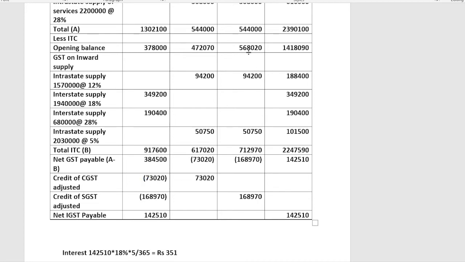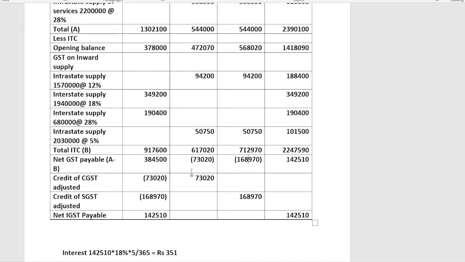And in the case of SGST, the liability was 5,44,000, and including opening balance, the total input tax credit is 7,12,970. So here also there is an excess credit of rupees 1,68,970.